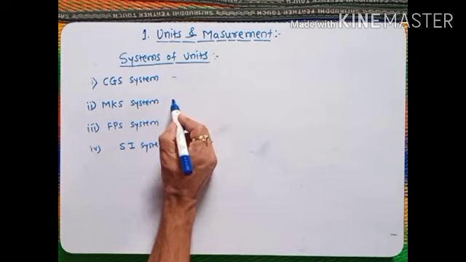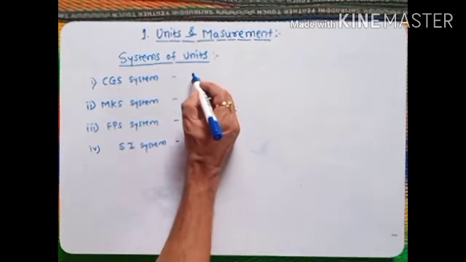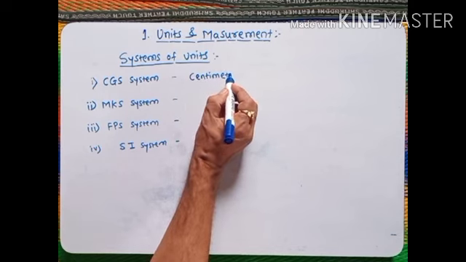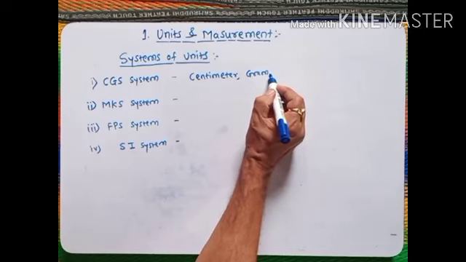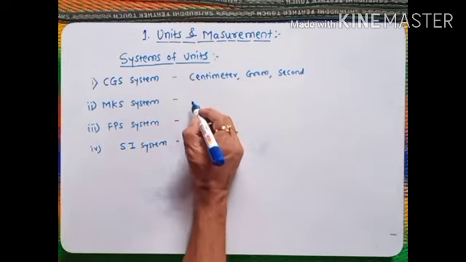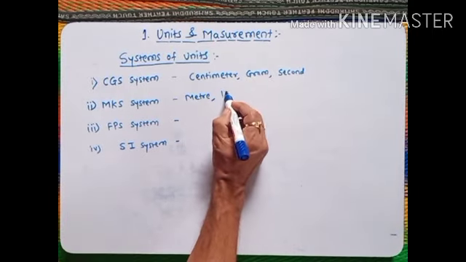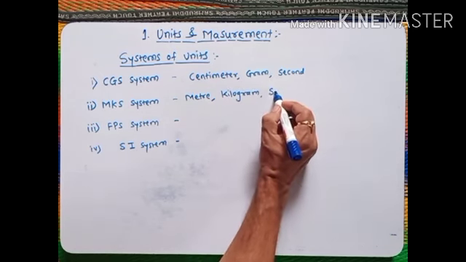Now we will see what is meant by the CGS system. CGS system means we consider centimeter, gram, second. MKS, we consider meter, kilogram, second.